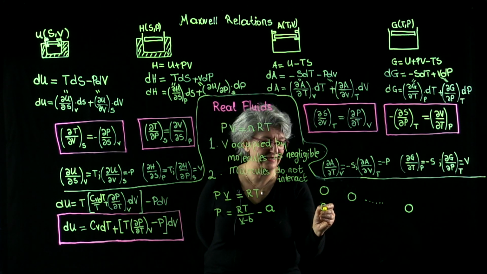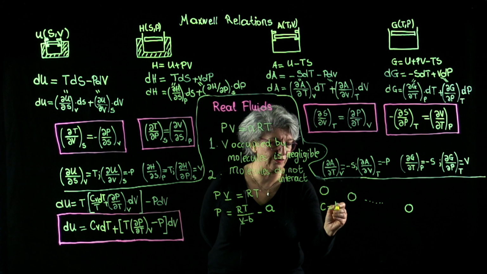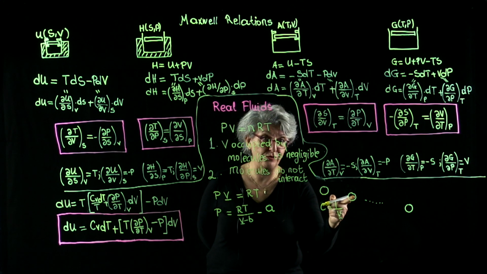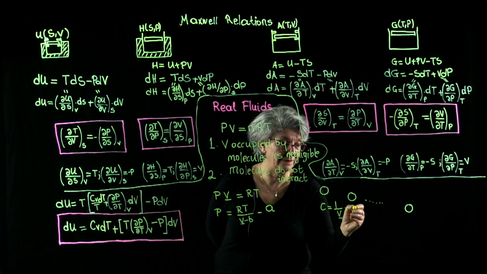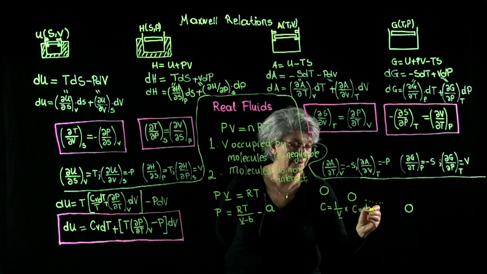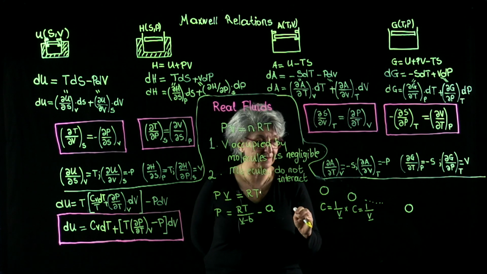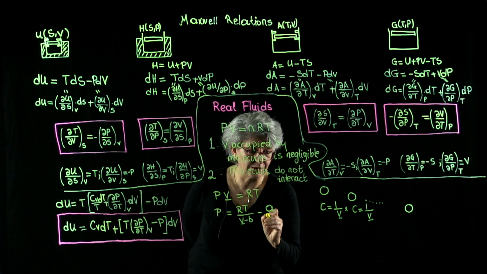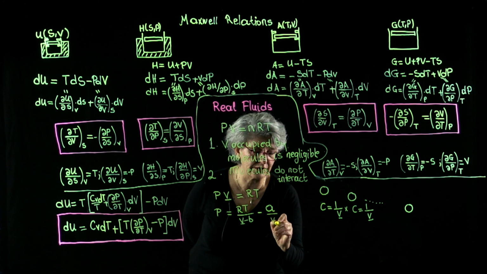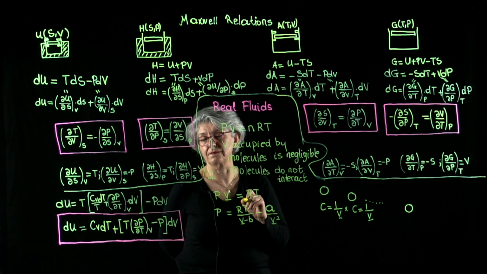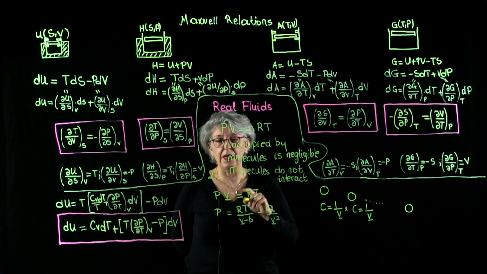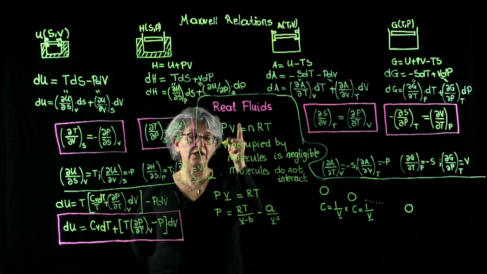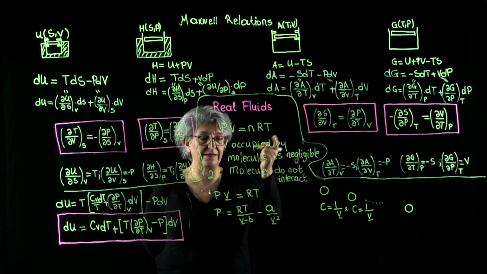Concentration is 1 over specific volume. So I need two of them. All right? This is attracting this, this is attracting this. So I'm going to have A over V squared. All right? So this is my new expression, new equation of state.